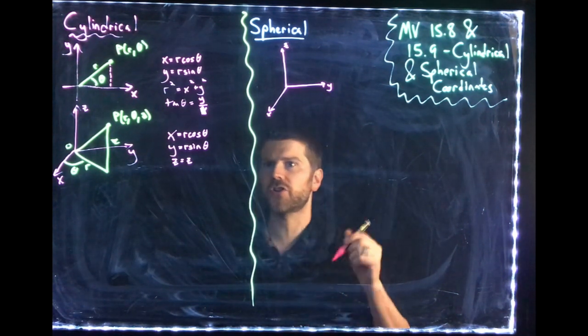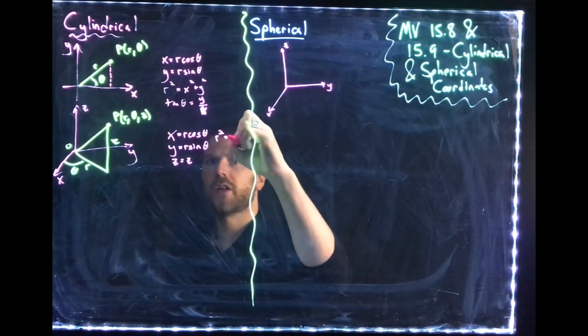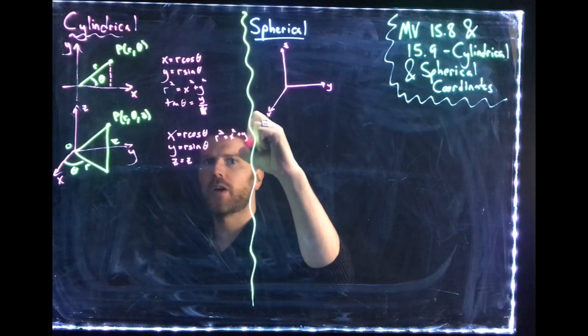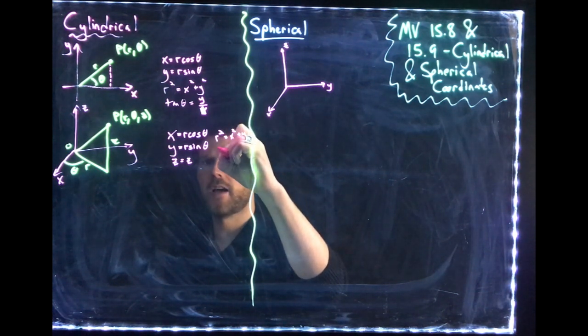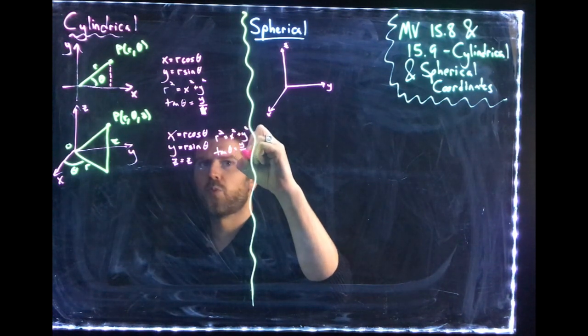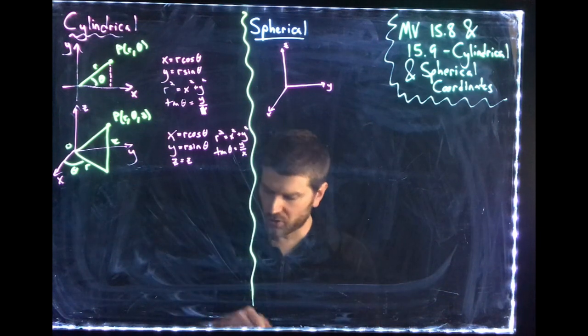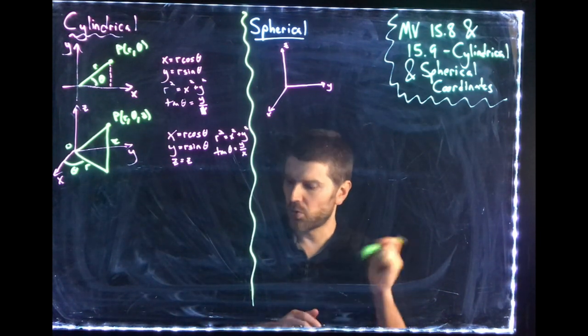Our conversions back are unchanged. We still have r squared equals x squared plus y squared, and we still have the tangent of theta as y over x.